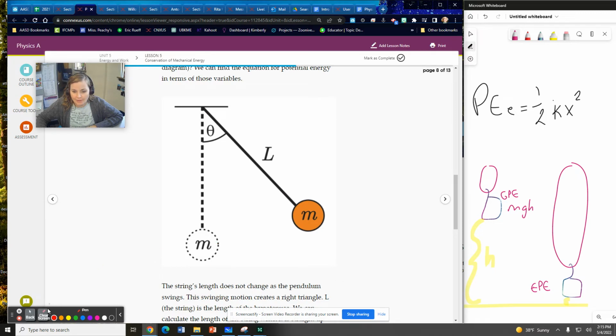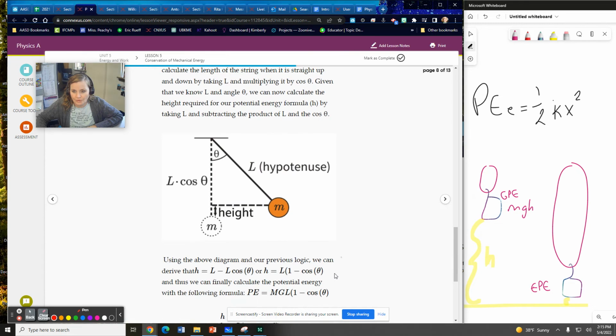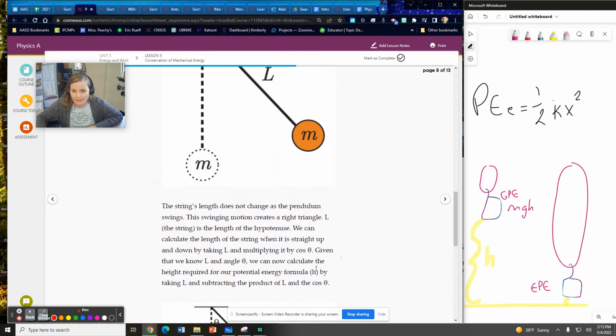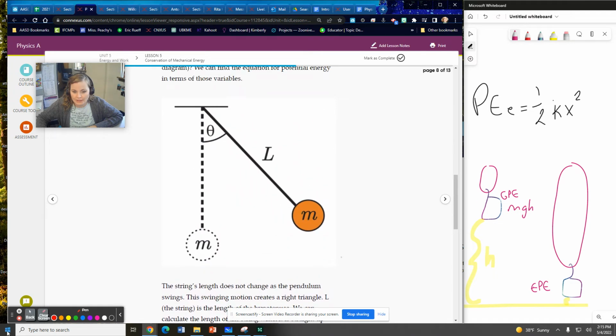If I were to draw a straight line here. That was not a very good picture because I can't do it. But I want to form a right angle here. In order to do that, I'm cutting off a little chunk of my string.